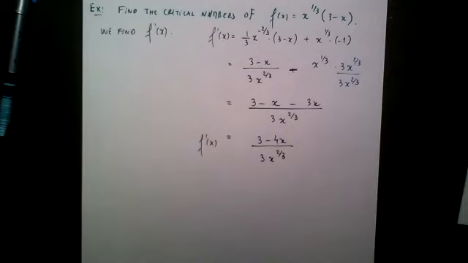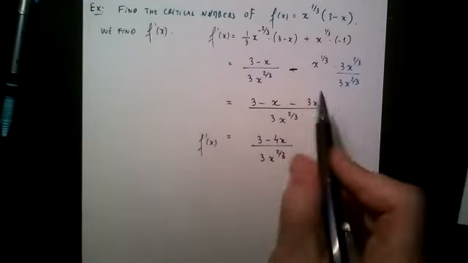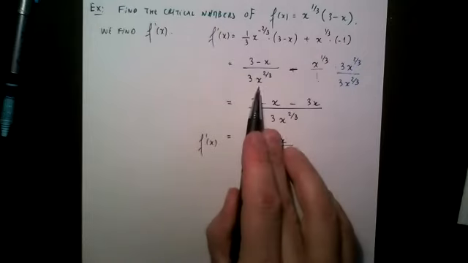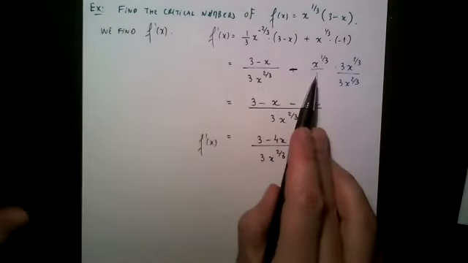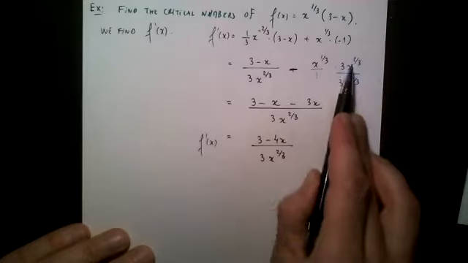Questions? Sir, can you explain the common denominator again, please? Sure. So what I did here is, this is over 1. So I need to make this into the same as this guy. So that's why I'm multiplying by the denominator, 3x to the 2/3, top and bottom.